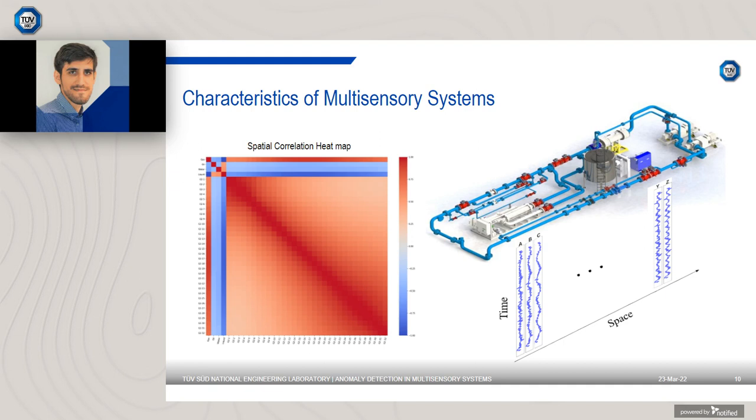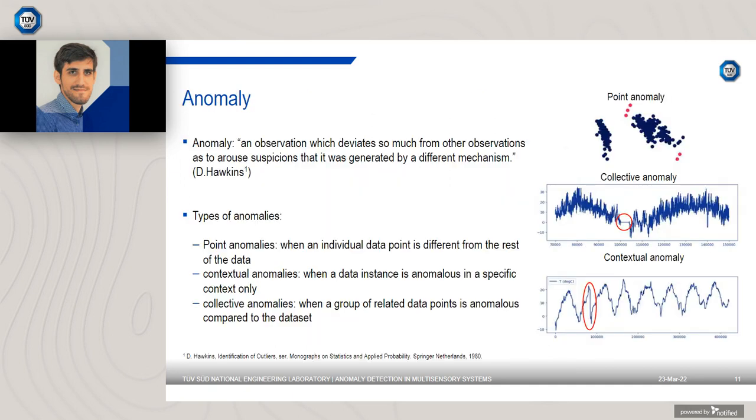On the left hand side, we have a correlation heat map for this spatial correlation, and this is from our own real data sets. We can see that along the main diagonal of this heat map, sensors placed near each other have higher correlation, and as we go further from the neighboring sensors, these correlations become less and less severe.